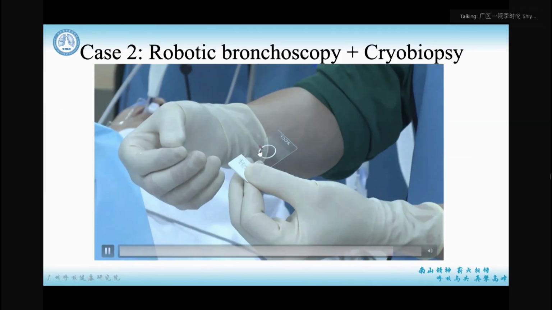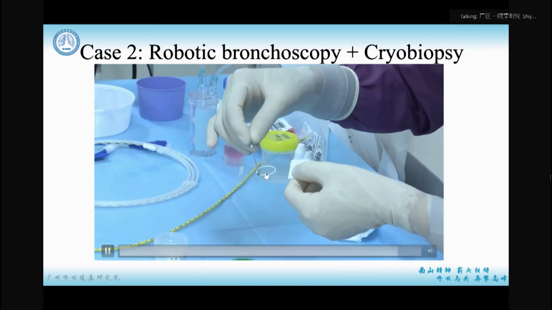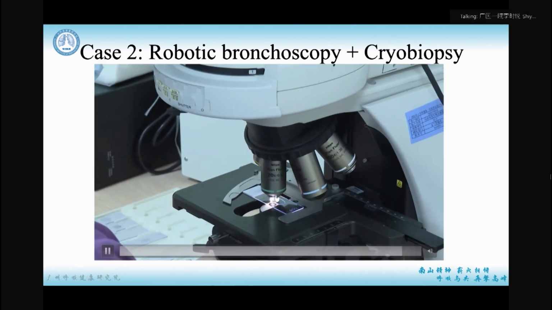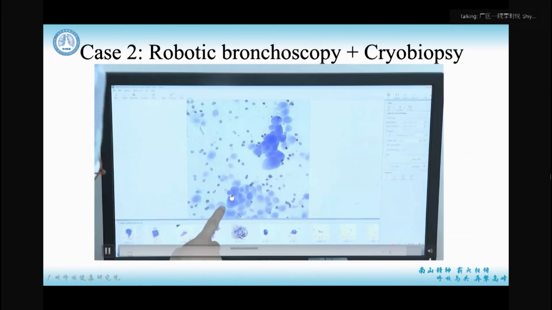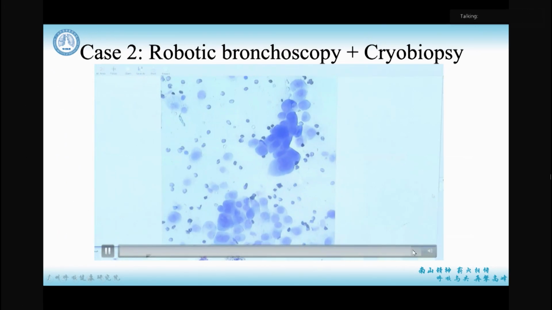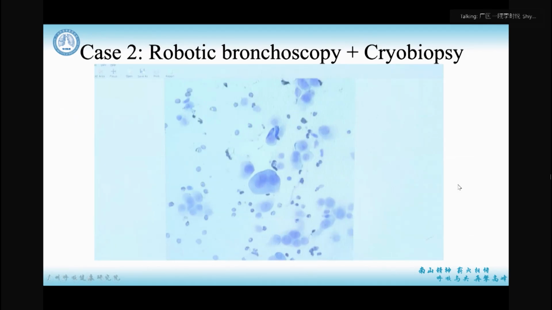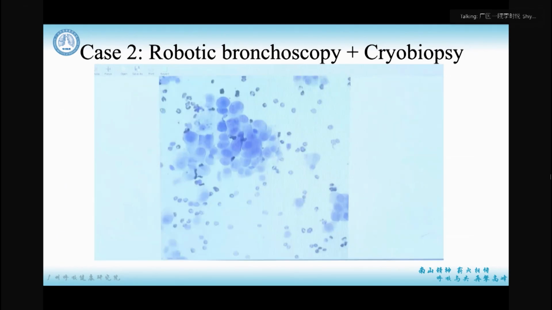Here we can see the cryobiopsy tissue, and the rapid on-site evaluation shows malignant cells there. So this is the case with robotic bronchoscopy combined with cryobiopsy.